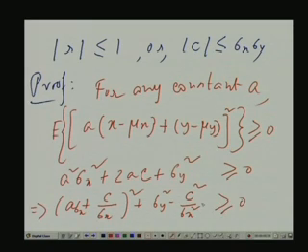This must be greater than or equal to 0, but this is true for any A. So if I choose A so that this quantity is 0, meaning A is taken to be minus C by sigma x square. C is a constant, sigma x is a constant, I can always choose A like that. Then this entire quantity becomes 0. So this inequality is true for that A also, which means the remaining term must always be greater than or equal to 0.